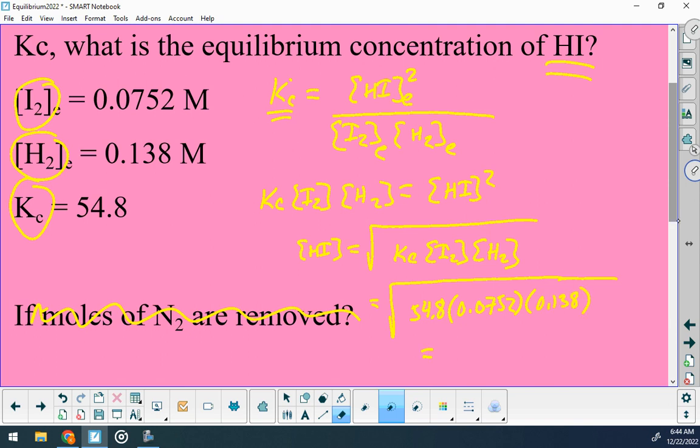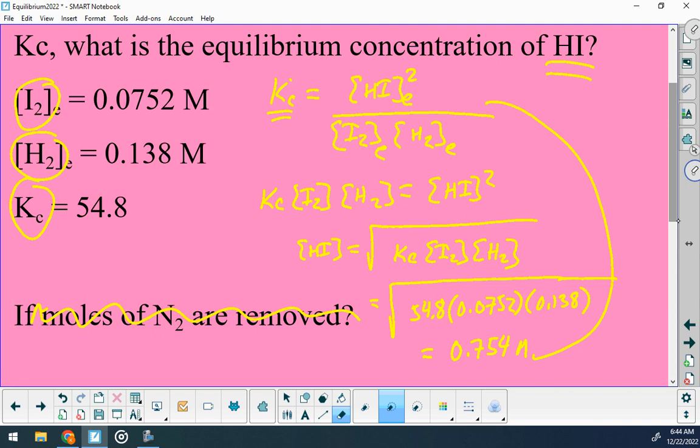Let's run the numbers. Square root of 54.8 times 0.0752 times 0.138 equals 0.754 molar. Now let's go check that by putting all of these values back up here.